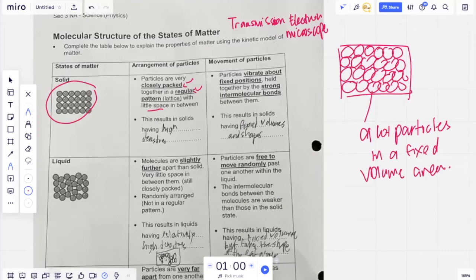With that logic, you look at the arrangement of the solid down here, and you will see that the particles are arranged very close together with very little space in between. So you pack a lot of them in one fixed area, and because of that, it has high density.